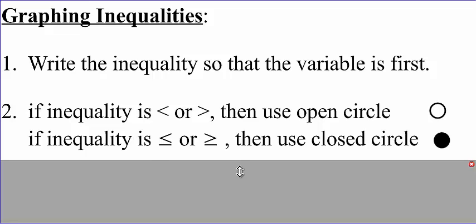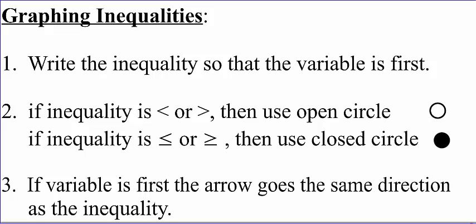If the inequality is a less than or equal to or greater than or equal to, then you would use a closed circle, a circle colored in. The closed circle indicates that that value is also one of the possible solutions.